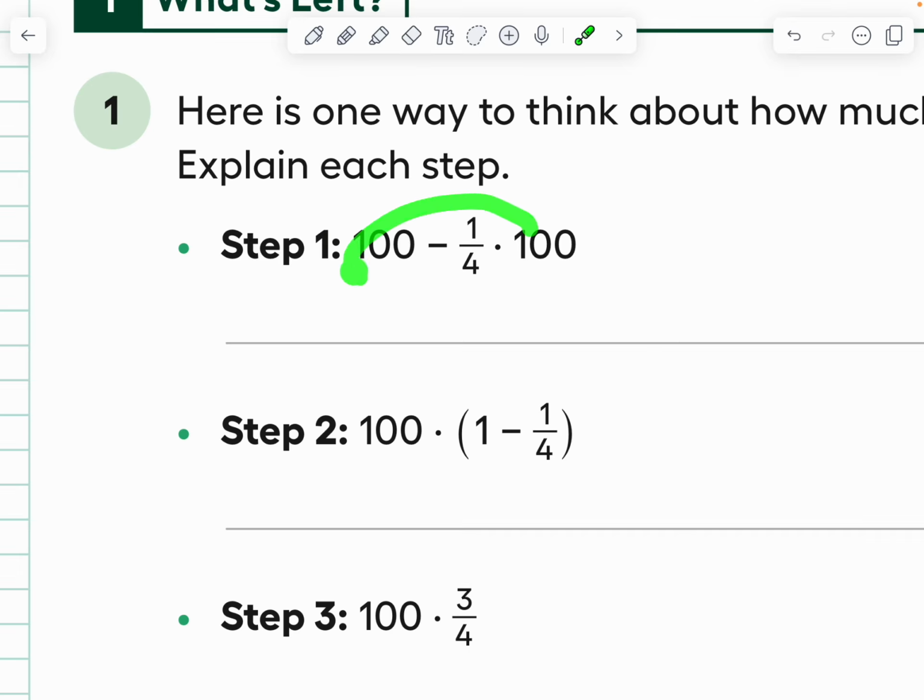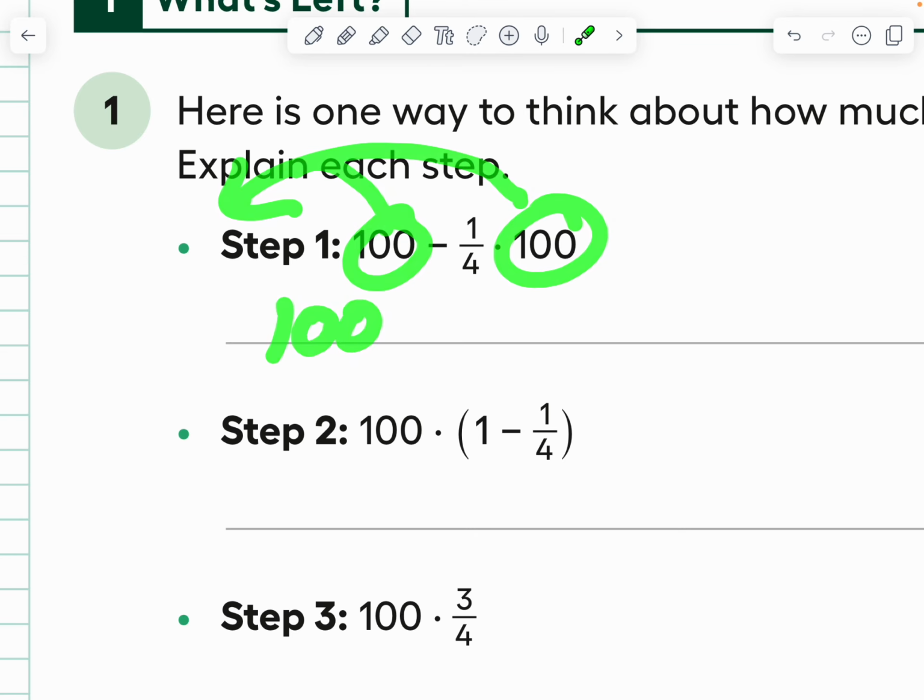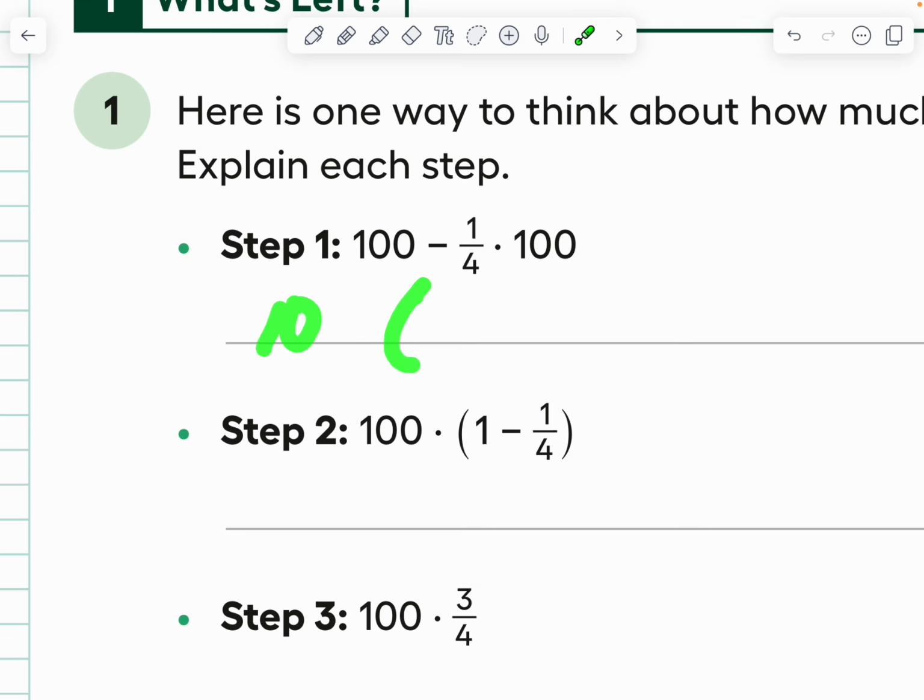You probably even talked about it in 8th grade. You have 100 here and 100 here. If I take that 100 and factor them both out, you'd have the 100 out front, and that would leave you with 100 times 1 minus 1/4 when you factor out that 100, which is where they get this.